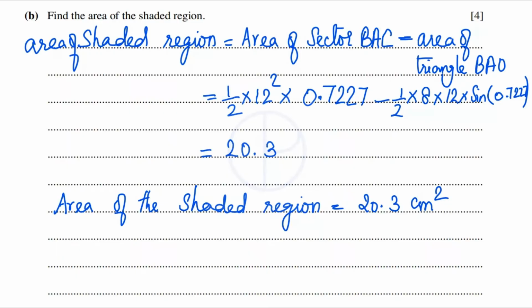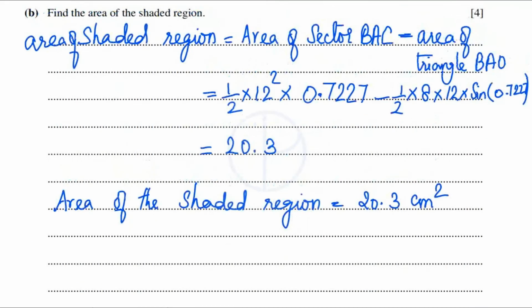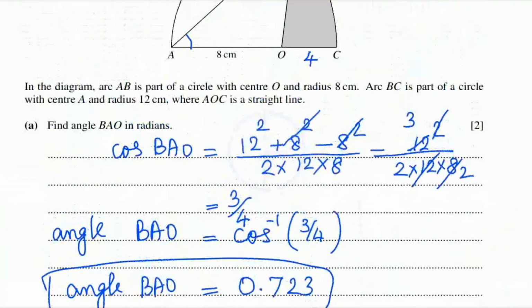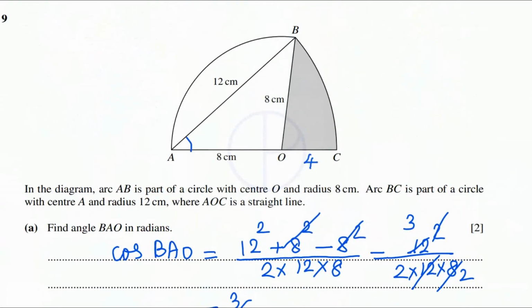So the area of the shaded region is 20.3 centimeter square. The next part of the question is, find the perimeter of the shaded region. The perimeter of the shaded region is adding the side OB, the arc length BC and CO. So first let's find out the arc length.